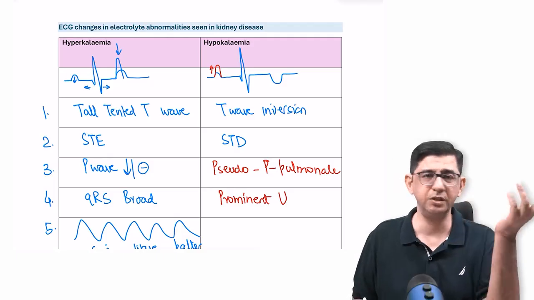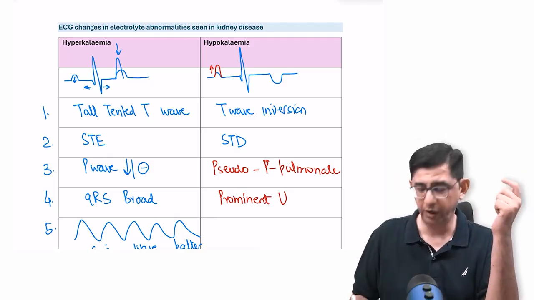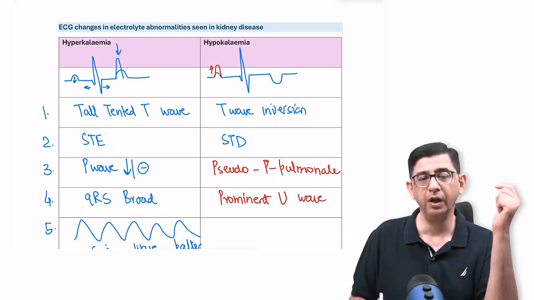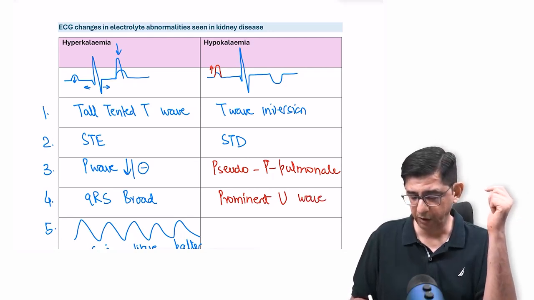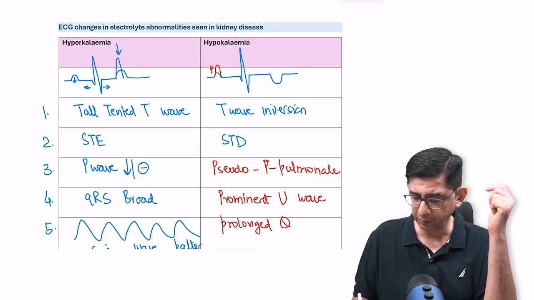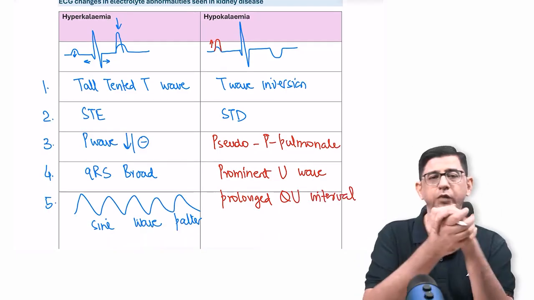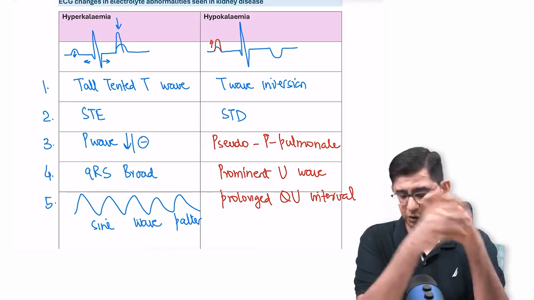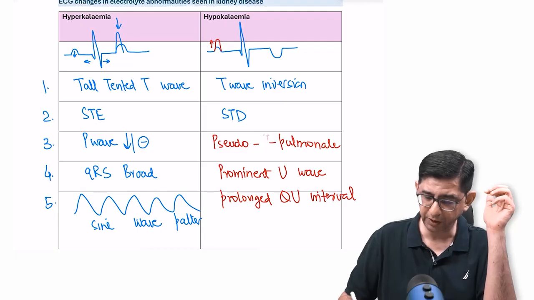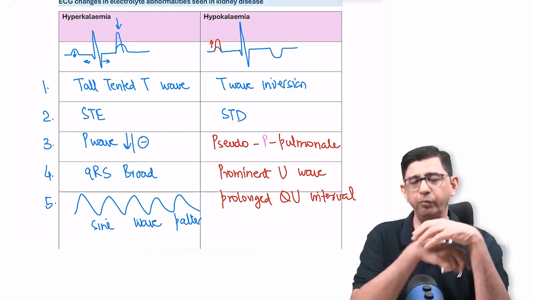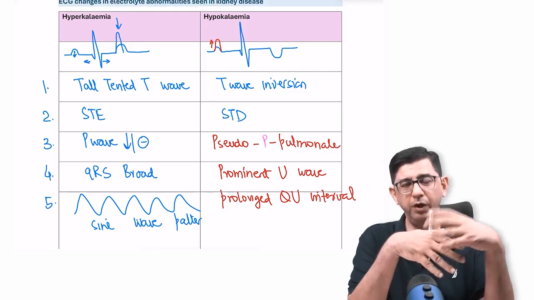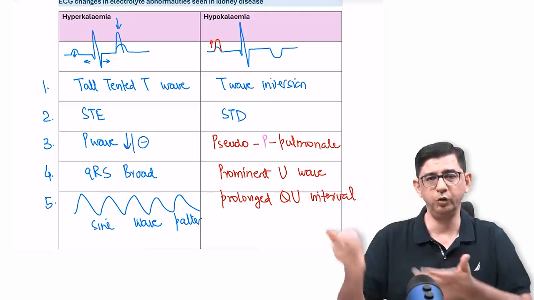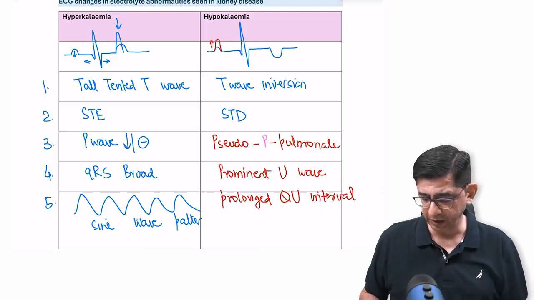A normal person's ECG can also have U waves, but here the word would be a prominent U wave, or in some questions they may write prolonged QU interval, because traditionally we read prolonged QT interval. So what I've described are the ECG findings of hyperkalemia and hypokalemia. Pseudo P pulmonale, prominent U waves, and prolonged QU interval are the comparison-based data to be remembered, especially the three in red.